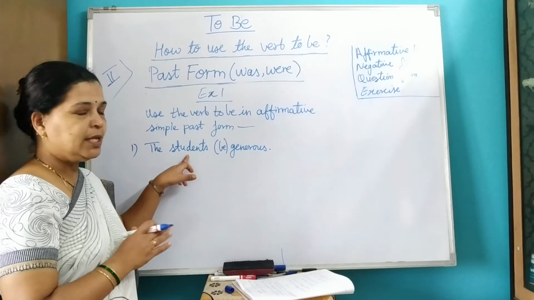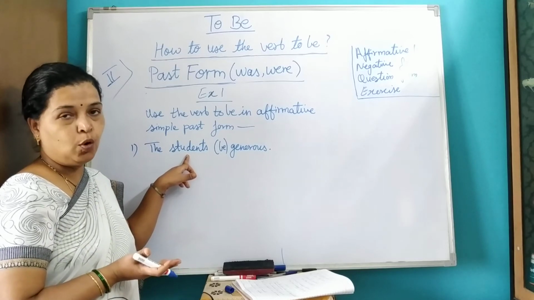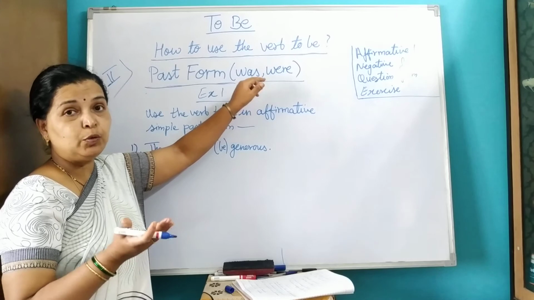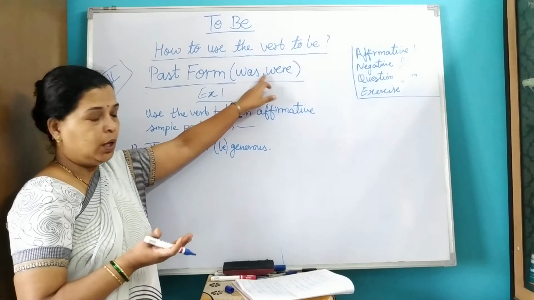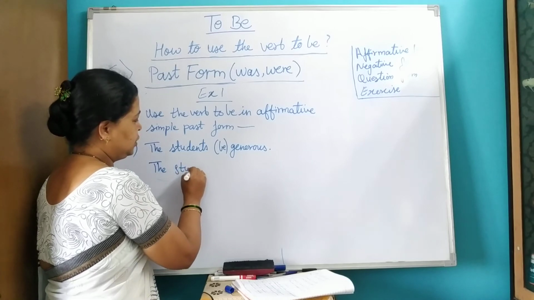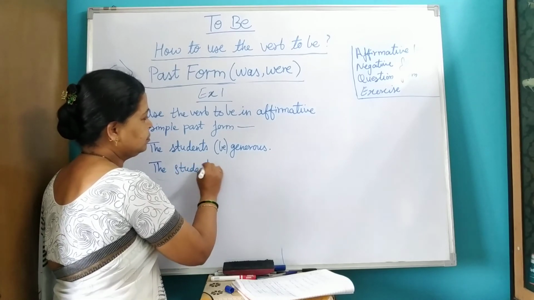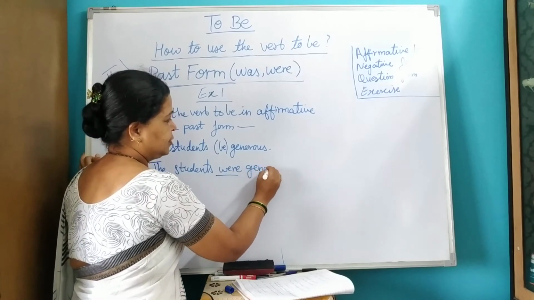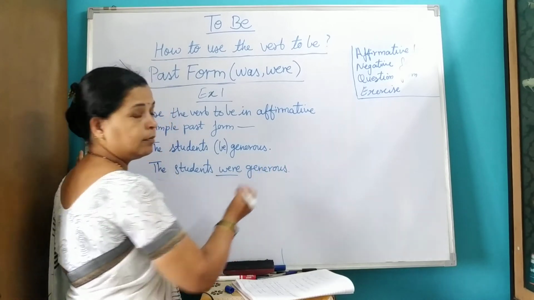So students is plural. So what do we use? Was or were? Which one is correct? Were. So we write like this. The students were generous. Got it?